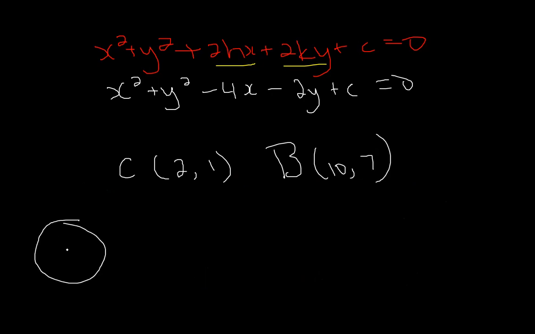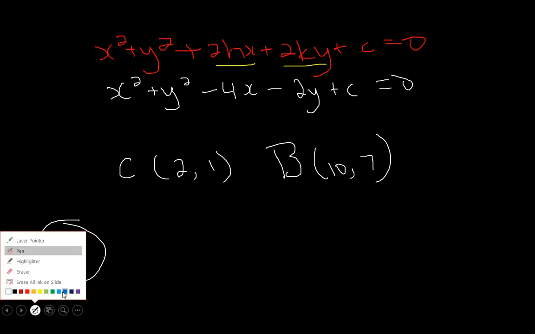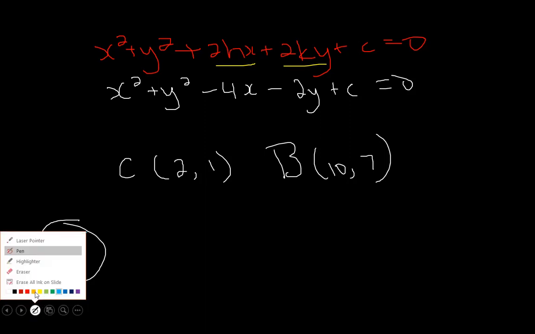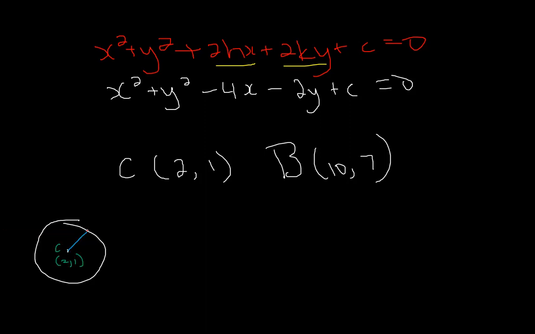And it said that the circle passes through B. What does that mean? It's connected. So this would be my point B here, 10, 7.